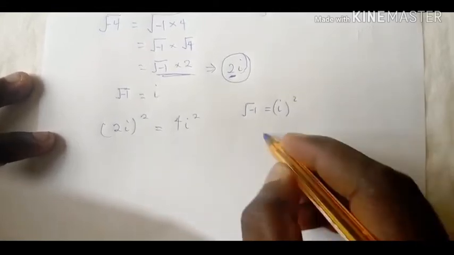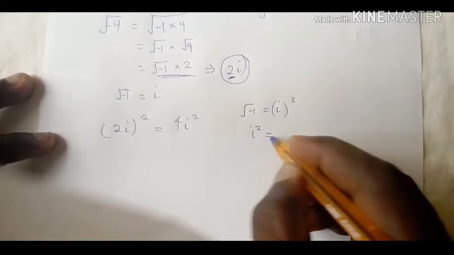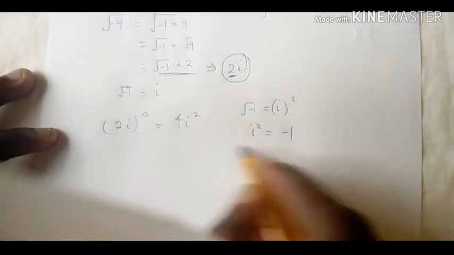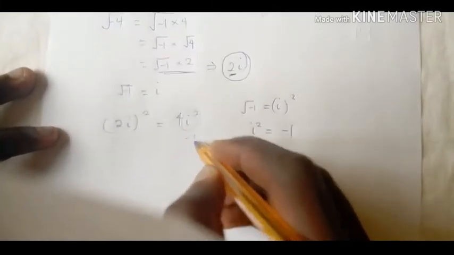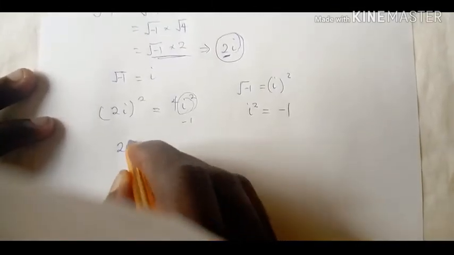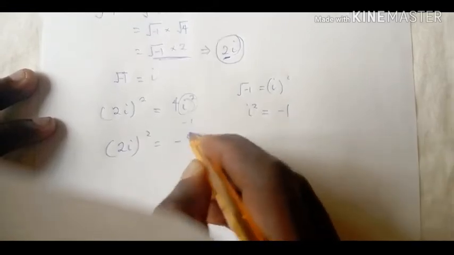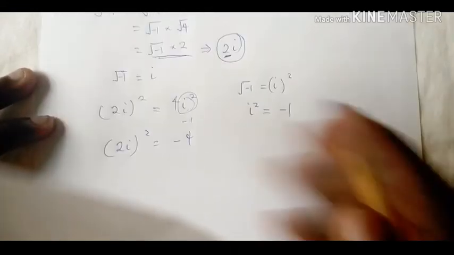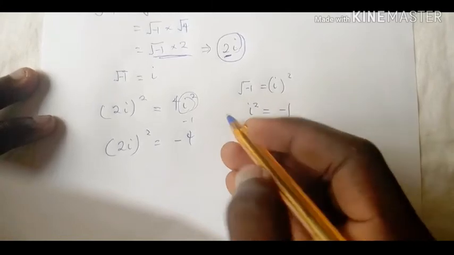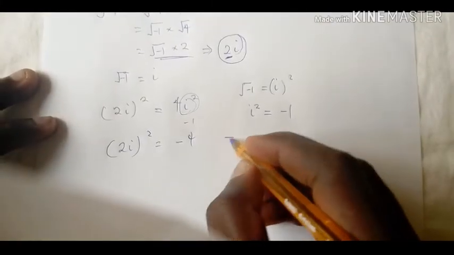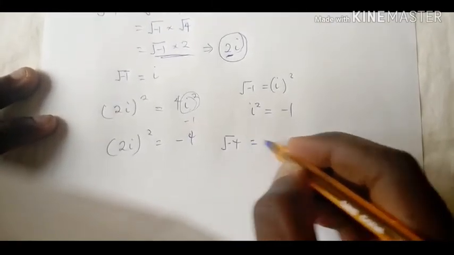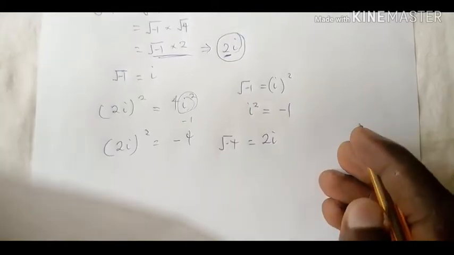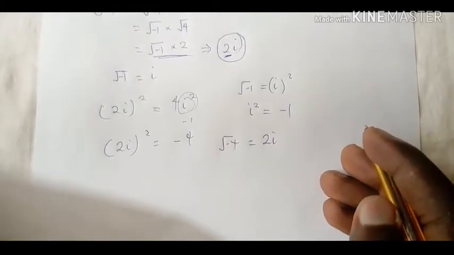When we square this, we get i squared equal to -1. So you can replace i squared by -1, and you get (2i) squared being equal to -4. So you can see it's the same, and that the root of -4 is 2i. That's as simple as that. So that's basically the idea of complex numbers.